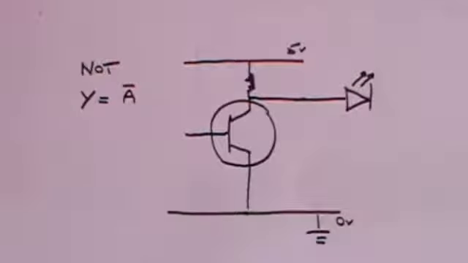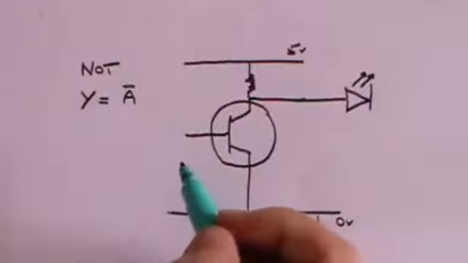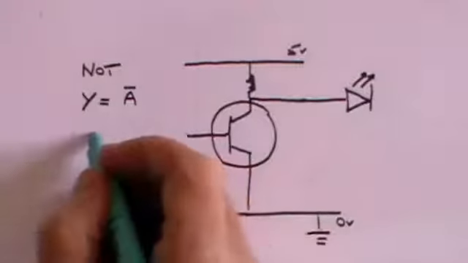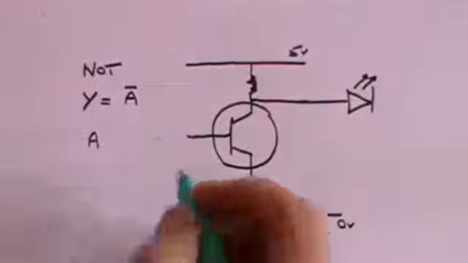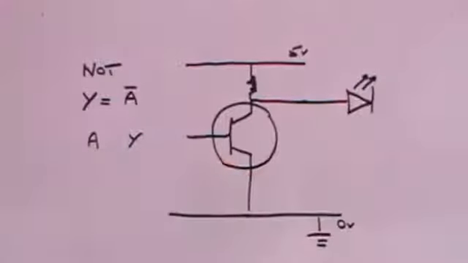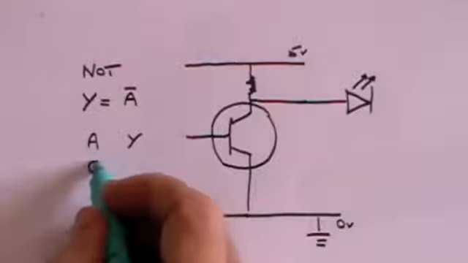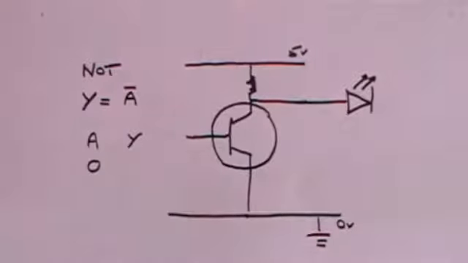And what you can do is to draw what's sometimes called a truth table. If you look at the input, which we'll call A, and the output, which we'll call Y, if the input is 0 volts, then you will get a positive voltage out, which we denote by the number 1.